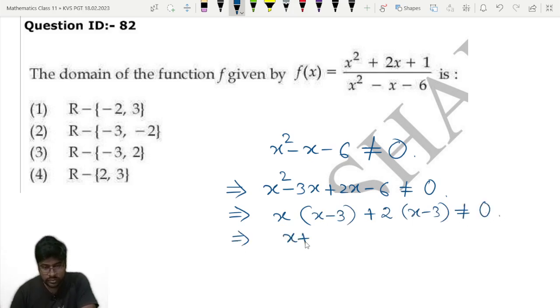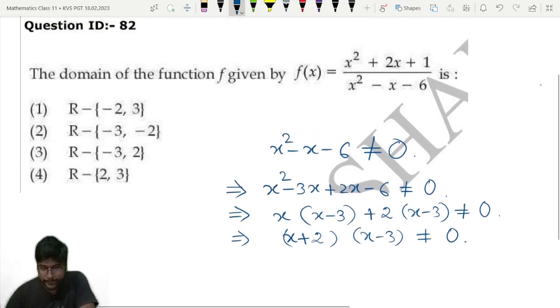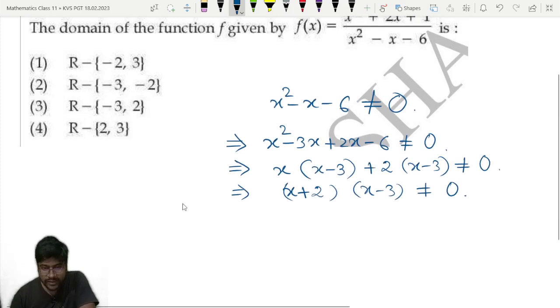So this is giving us x plus 2 into x minus 3 not equal to 0. So the function is defined for all real values of x except x equal to minus 2 and x equal to 3.